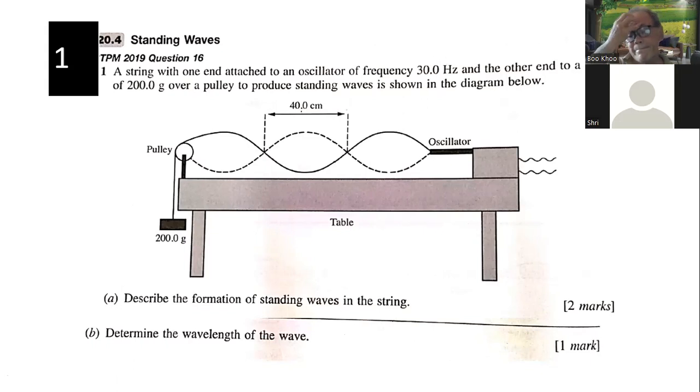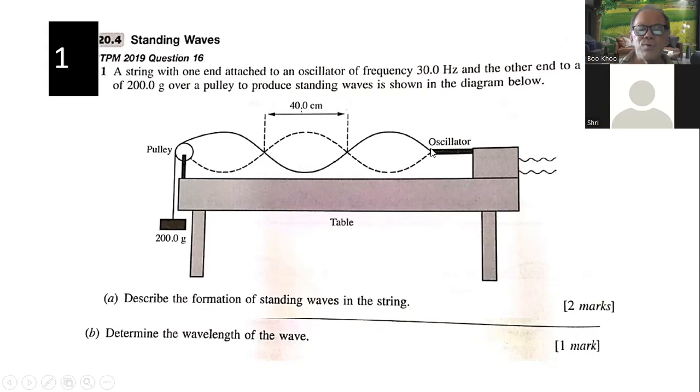Two identical waves traveling in opposite directions. They superimpose, producing a resultant wave. They have nodes and antinodes. You have to relate it to your picture.